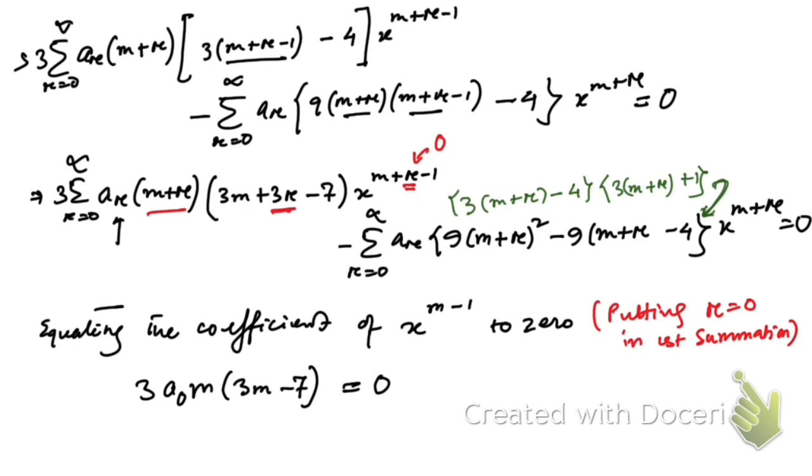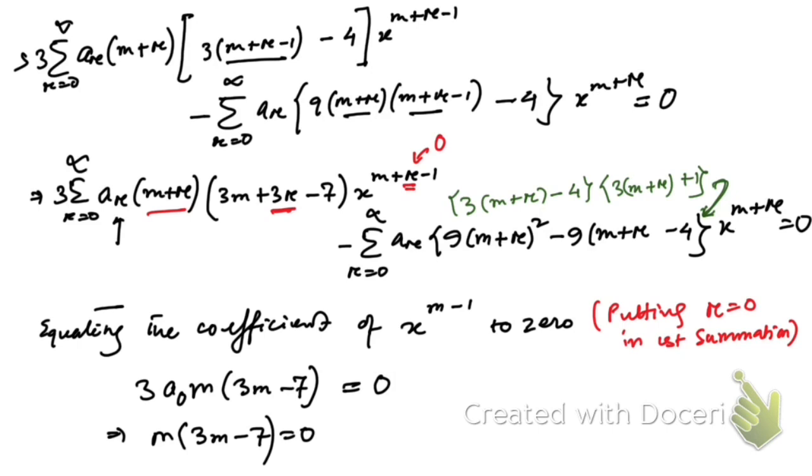And here one more thing, remember that a naught cannot be equal to 0, right? So here a naught cannot be 0, so m into twice m minus 7 is equal to 0, because this is equal to 0. It is possible if there is any one term, there must be a 0, then only you will get a 0 product.